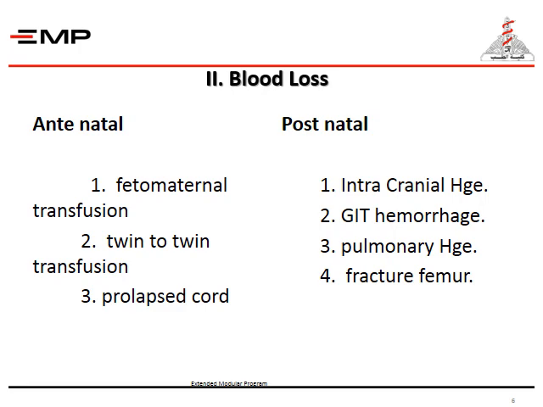So one of them will be anemic, which is the donating twin, and the other one will be plethoric, which is the recipient twin. The third cause is prolapsed cord. Cord prolapse will lead to rupture of the cord during delivery, and the baby will lose blood during delivery, and he will be born anemic.